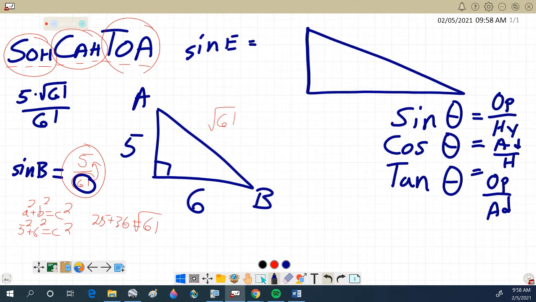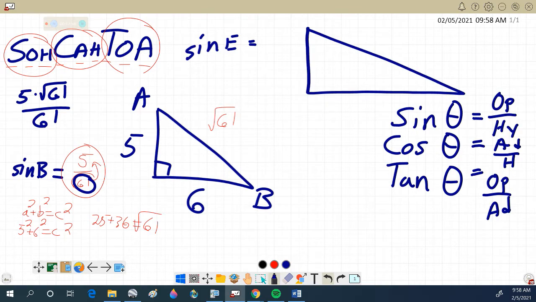And that ensures that everybody ends up with the same answer. So if your answer is 5 over the square root of 61, then don't plug that in. Plug in 5 root 61 over 61.